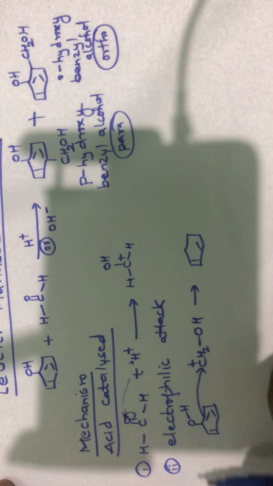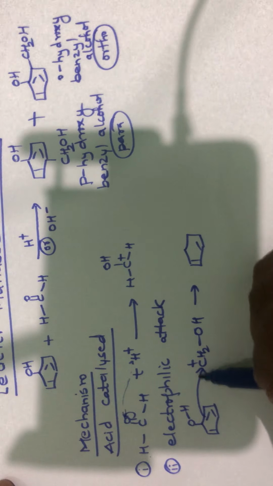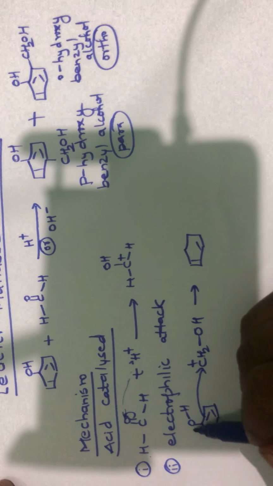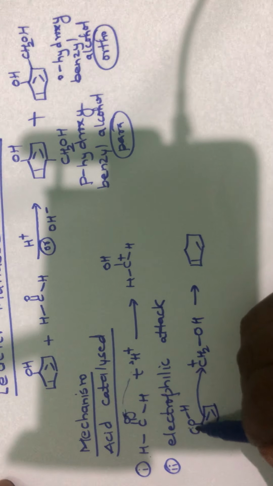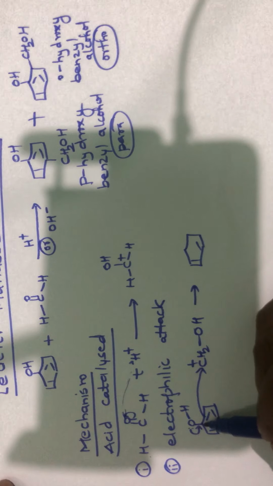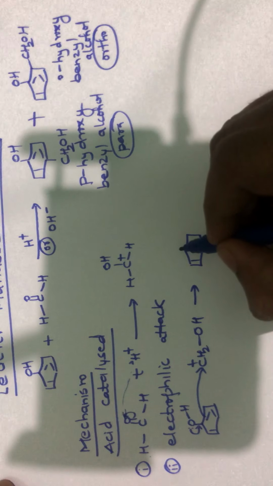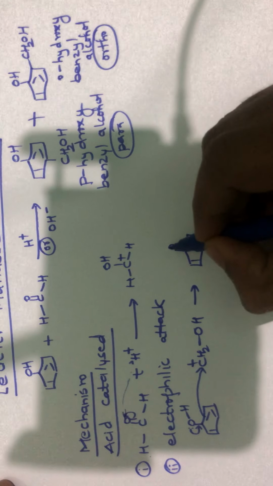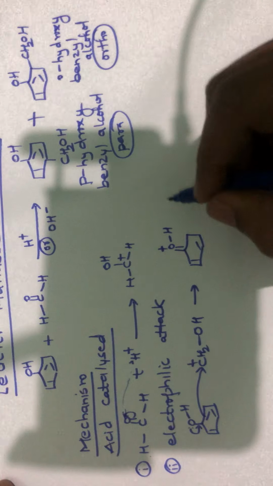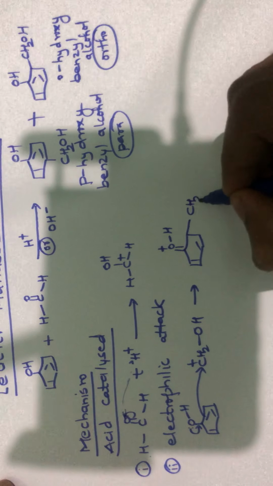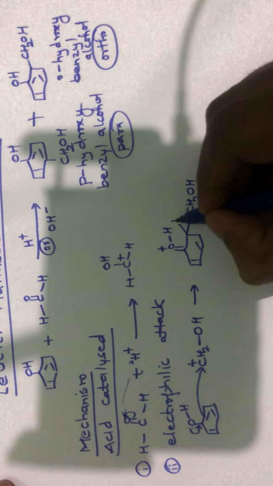Okay, now when this attack takes place here, these electrons move here to stabilize this. The electrons between these two carbons move here, so the electron moves here. So what you get is this compound, with a double bond OH plus, and you get CH2OH and then hydrogen.